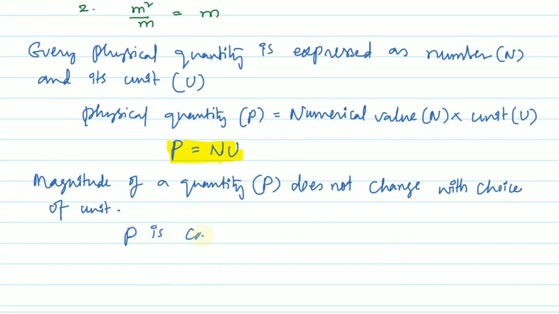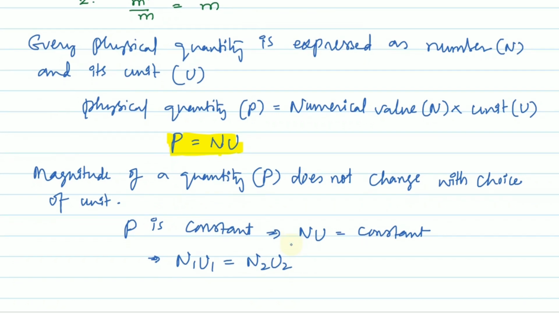When P is constant, we can write nU is equal to constant, because we know that P is equal to nU, and from this we can write n1U1 is equal to n2U2.